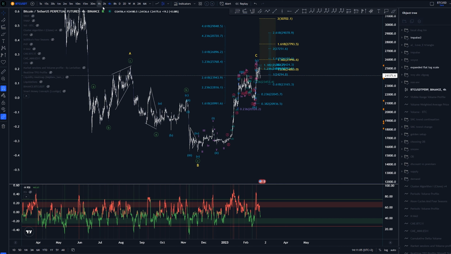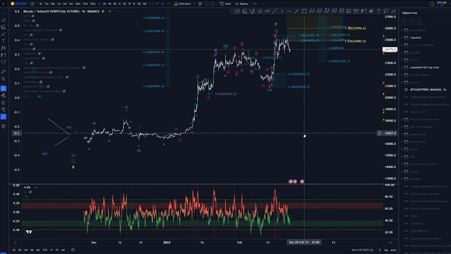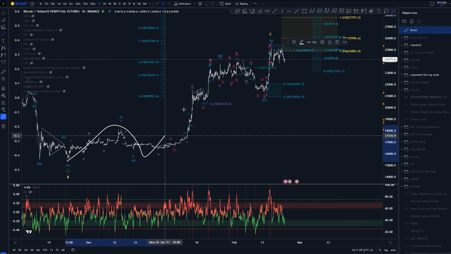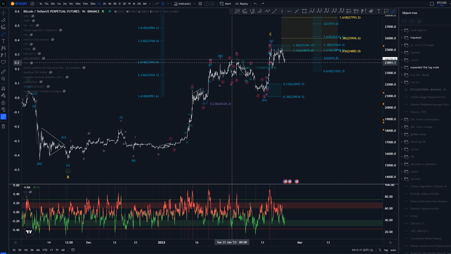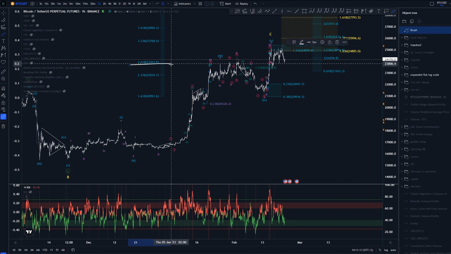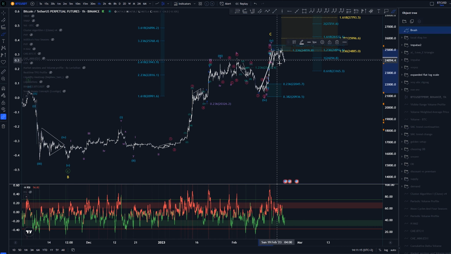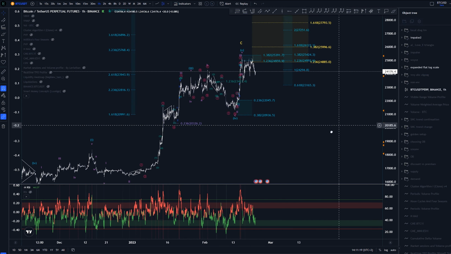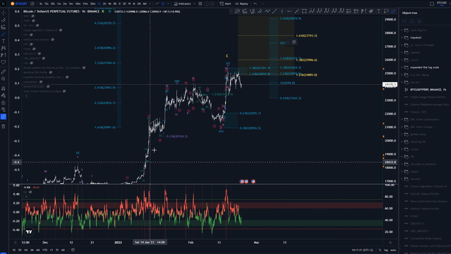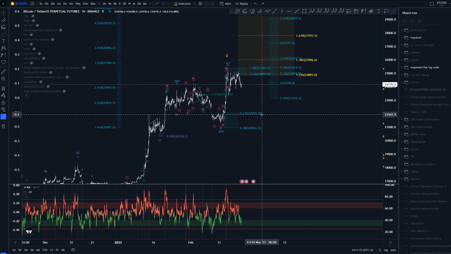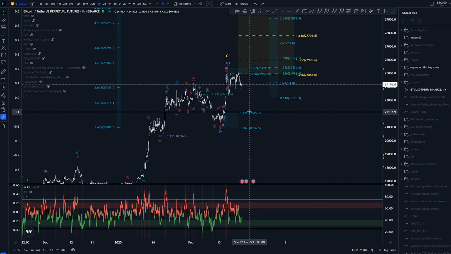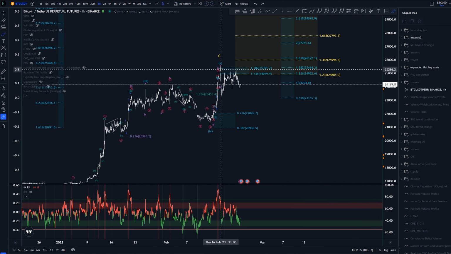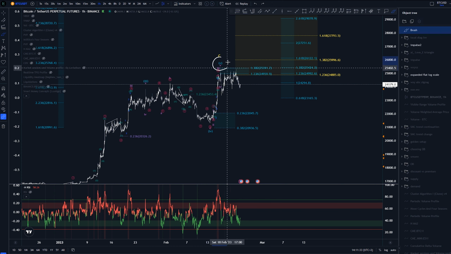This is what we have, so let's zoom in a bit. Overall, we would have this as a wave 1, 2, 3, 4, and 5. We have extension here on third wave already around the 2.618 extension, so we don't need to be looking for an extension here on fifth. Of course, it is possible to have two extensions on third wave and fifth wave, but at this point, that is not the most common thing to look for, which is why I'm still kind of hesitant to call that this would be a wave 1, 2 of that fifth wave.